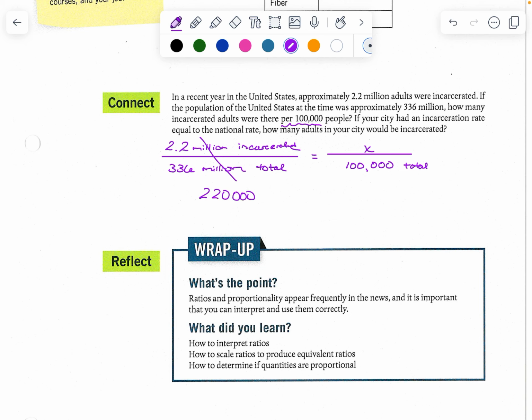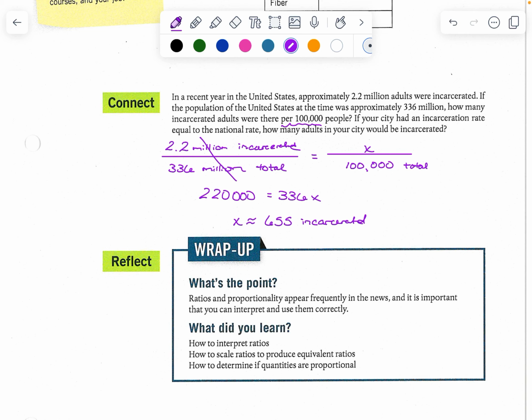Pretty sure it's that. And 336 times x. And then I'm going to solve. And what I'm seeing is it's about 654.7. So it's about 655 people would be incarcerated if you had a town of 100,000.